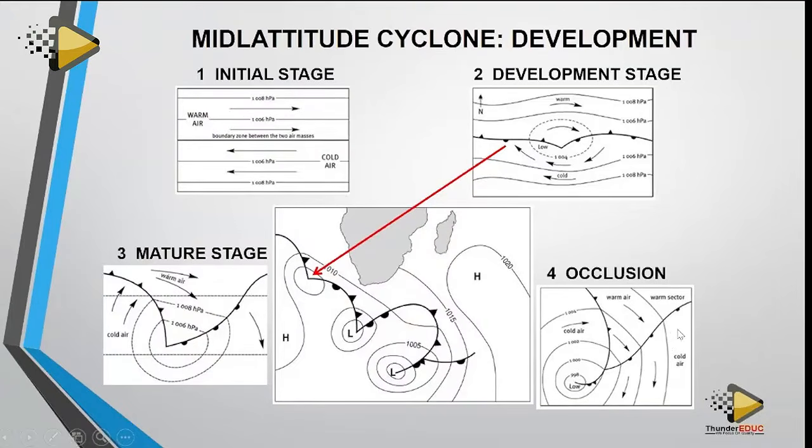It's going to be cool. Even though the entire sector here is the cold sector, the air ahead of the warm front will be cooler than the air which is found behind the cold front.